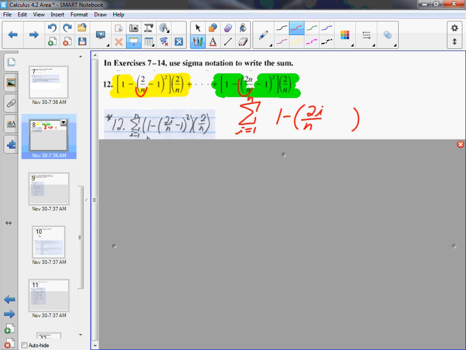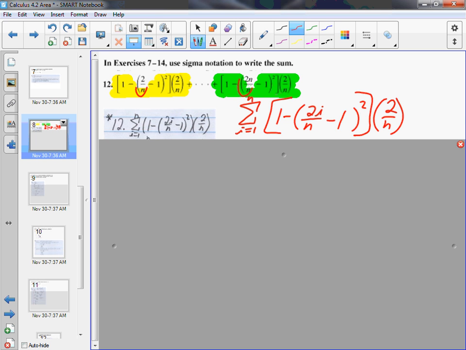And then what else do we have? Well, in the yellow, we have a minus 1. In the green, we have a minus 1. That didn't change, so it doesn't change. Outside that parentheses, we have an exponent of 2. In both of them, we had a bracket. In both of them, we have a 2 over n. So that's got to be it.